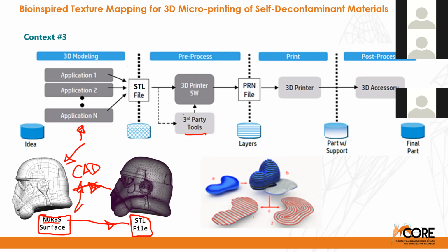So the third-party tools will do all this adjustment, and then the printer will convert this into a PRN file, which is a particular type of file from the printer manufacturer.